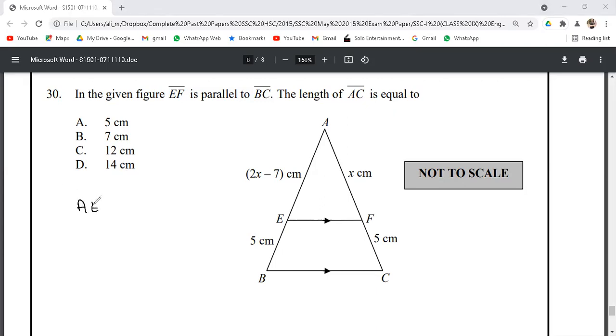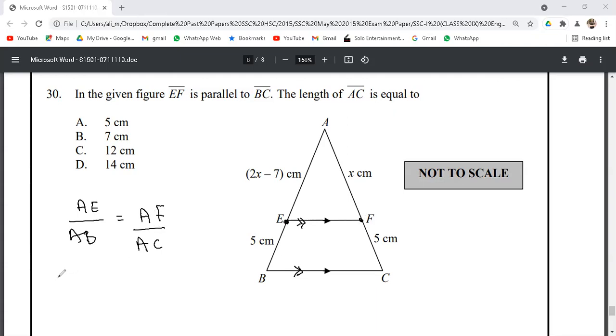So the ratio AE to AB will be equal to the ratio of side AF to AC. ये रेशियो हमेशा बराबर होगा अगर ये साइड पैरेलल है इस साइड के. तो ये जो पैरेलल लाइन है वो इस ट्राइंगल को प्रोपोर्शनली डिवाइड करेगी.